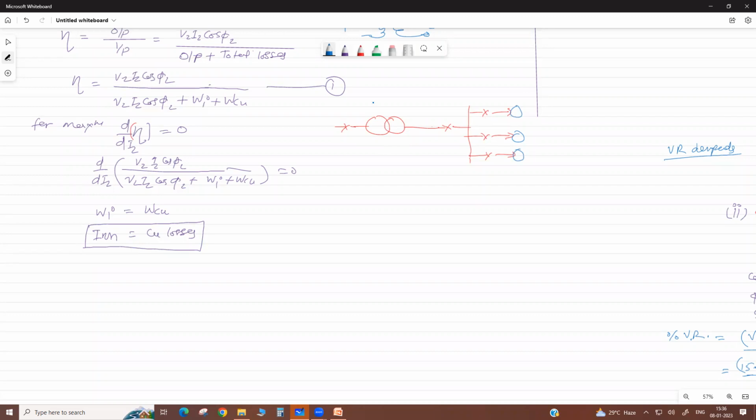That is why these transformers are not designed for full load. Generally, an electrical motor is designed for full load; when there is a full load, the motor efficiency is high, meaning performance is better. Even an alternator has high efficiency at full load.